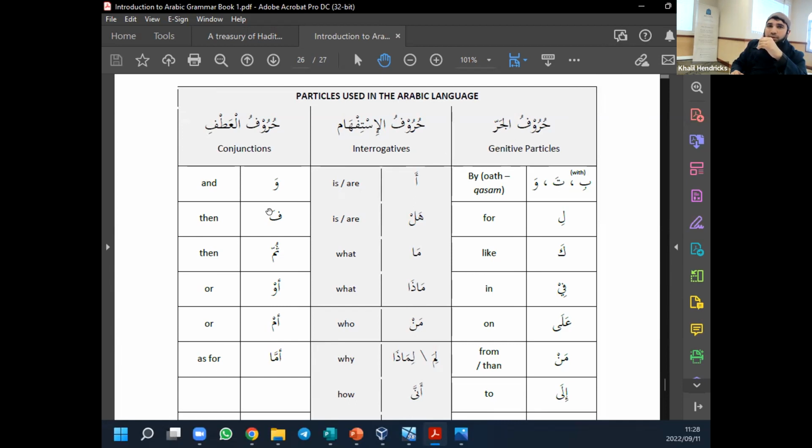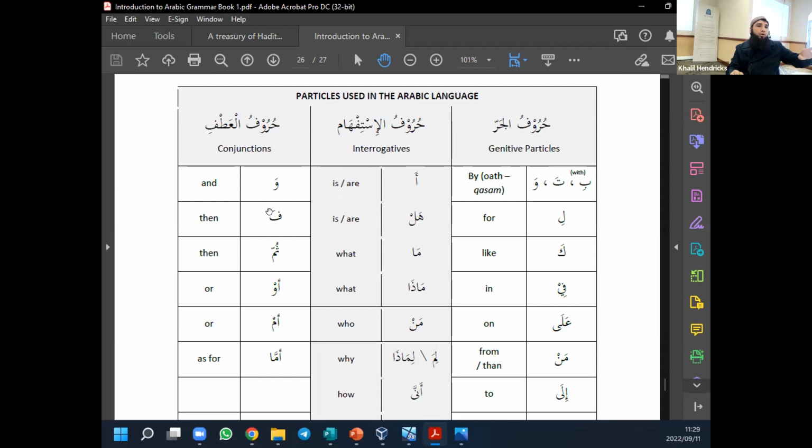When you're just making a statement, if I want to say the bicycle or the car is outside, then I'll say as-sayyaratu aw ad-darrajatu kharij al-masjid. If I want to say is he a mu'min or a kafir, I'll say hal huwa mu'min am kafir.